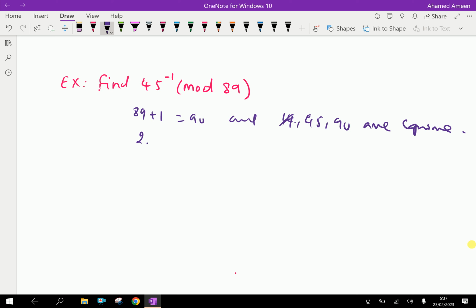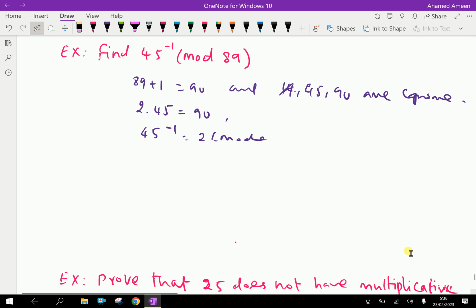Therefore 2 times 45 is 90, so we can say 45 inverse equals 2 mod 90. No, this is wrong here.